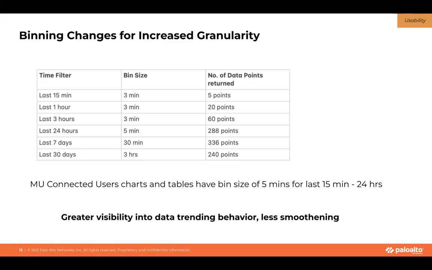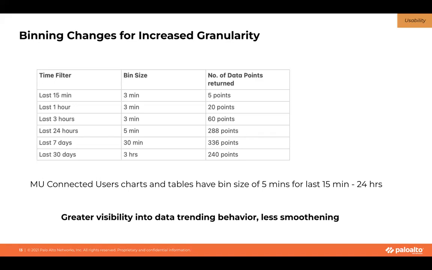So the bin sizes for most of the lower end, all the way from last 15 minutes to last 3 hours for most of our charts, are in 3-minute increments. For the last 24 hours, they are in 5-minute increments, and for 7 days, we show you data obtained every 30 minutes, and over 30 days, we use 3 hours.